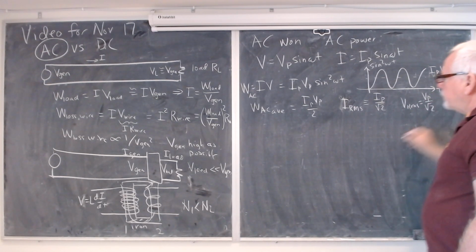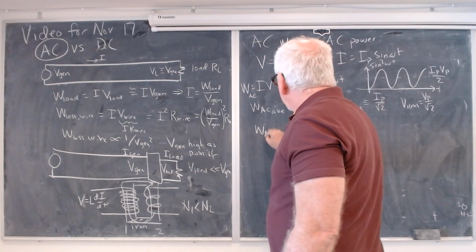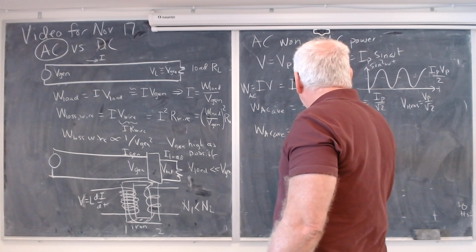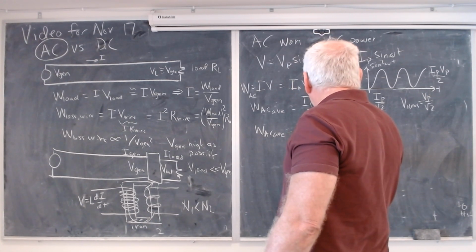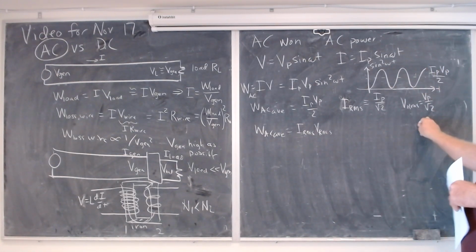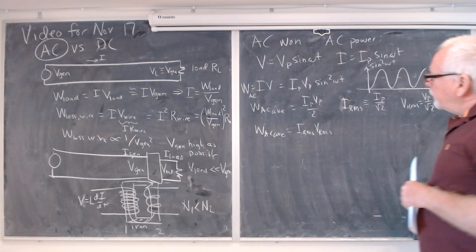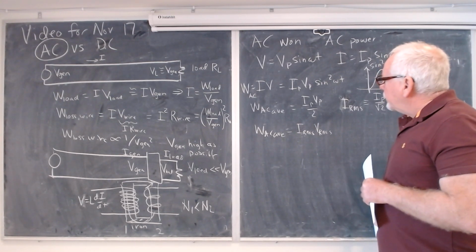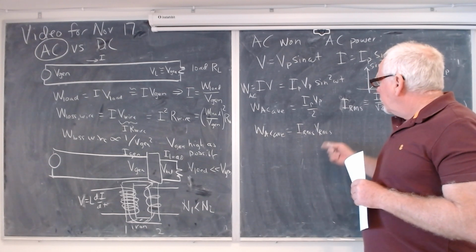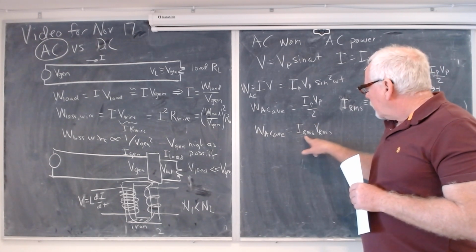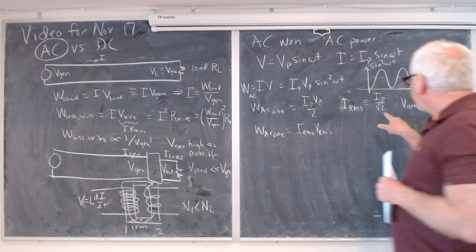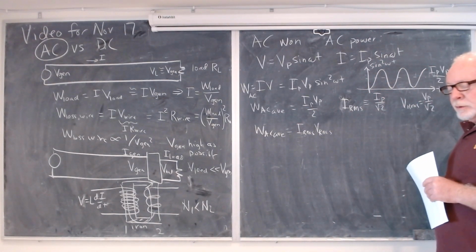So that means that W average is equal to IRMS VRMS, because you multiply, you get the 2. All right, and in fact, if you use an AC voltmeter or an AC current meter, it will give you the RMS values, which are basically the peak values divided by root 2.